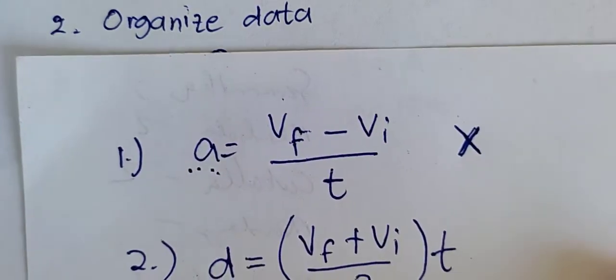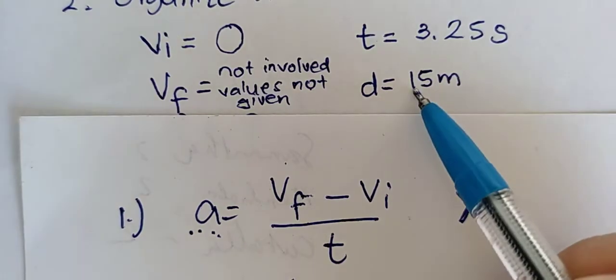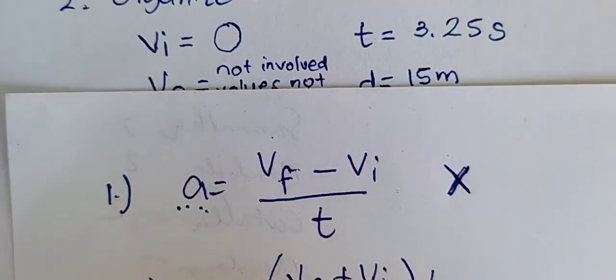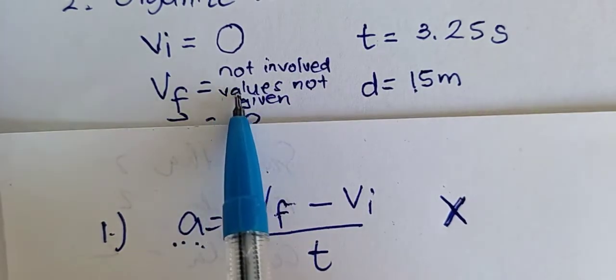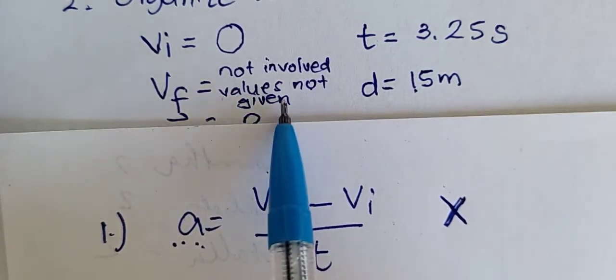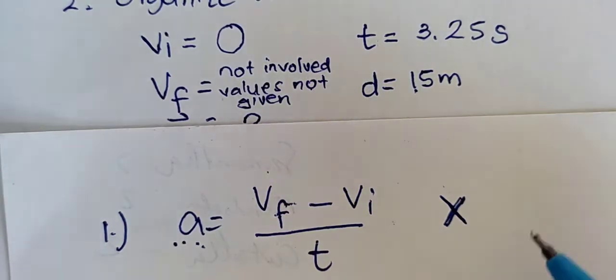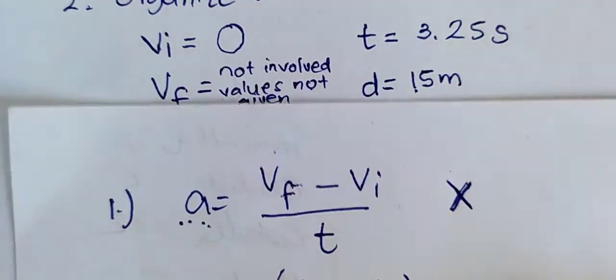Equation number 2: we have distance which is given, 15 meters. Vf here is present, but in the data it is not involved and not given at the same time. Therefore, we cannot utilize this equation.